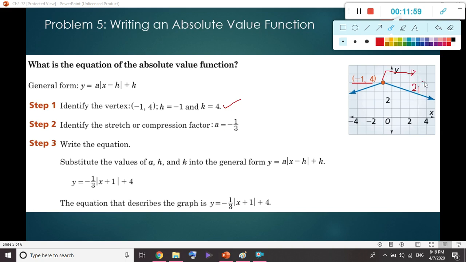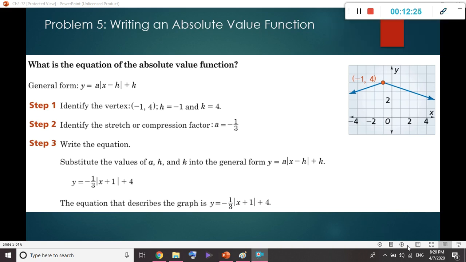Then we found the slope, which is -1 over 3. That's correct. Then we're going to substitute this into the equation. Y equals -1 over 3, x plus 1 inside the absolute value, then plus 4. That's correct. That was our answer. So this is how to find the equation from a graph.